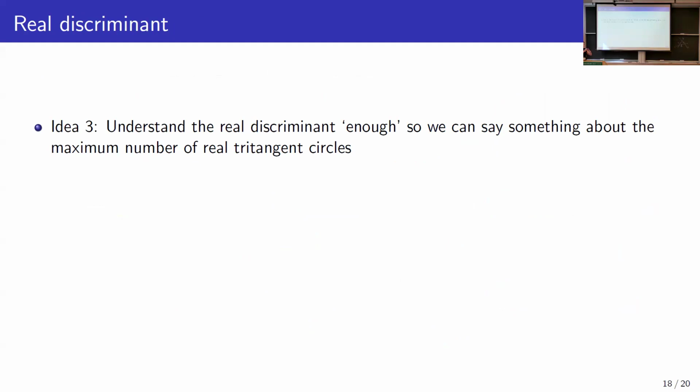In other words, it divides my space of conics into cells where the number of real circles tangent to all 3 conics is constant. So we thought, well, maybe if we understand this real discriminant enough, we could get a handle on this and understand the nature of these cells a bit more.